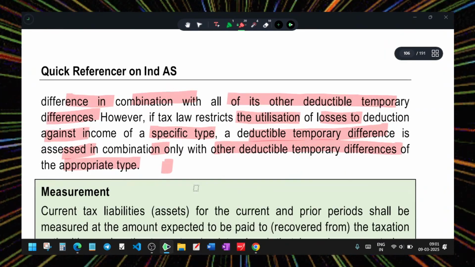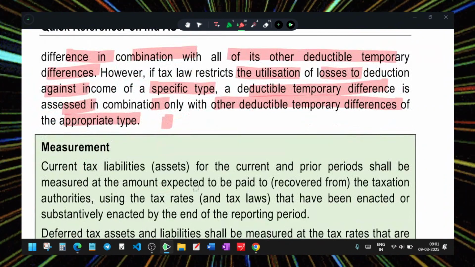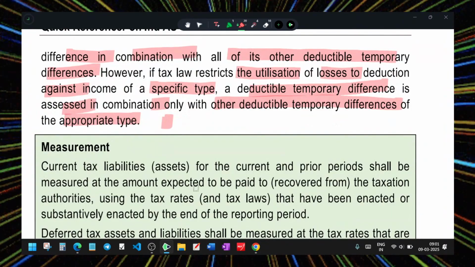So the government says, sir, if you have a temporary difference here, one temporary difference can only be deducted against the other temporary difference. Only this specific kind you can do, or else you can't do it in the business combination. If the law restricts you in utilizing such kind of losses, then you should follow that.